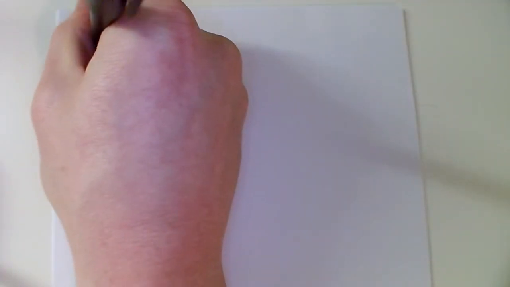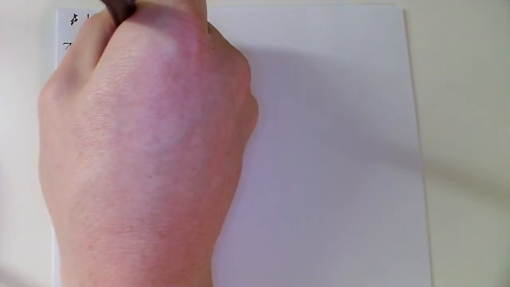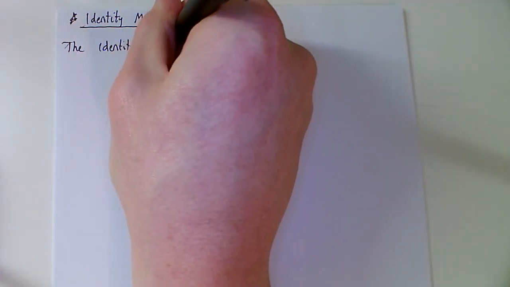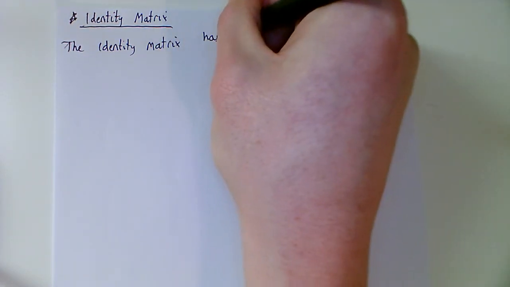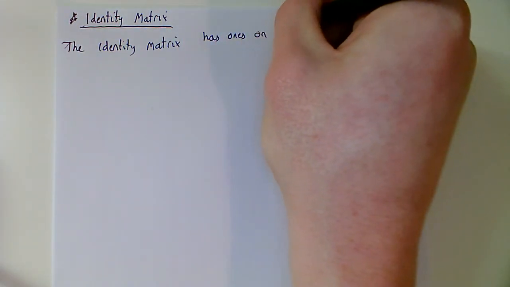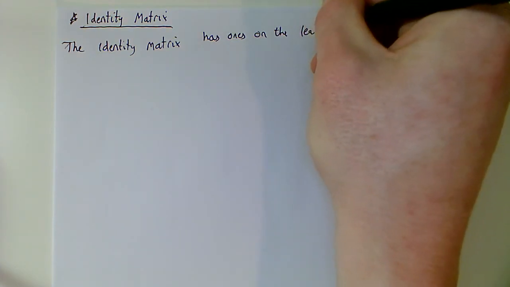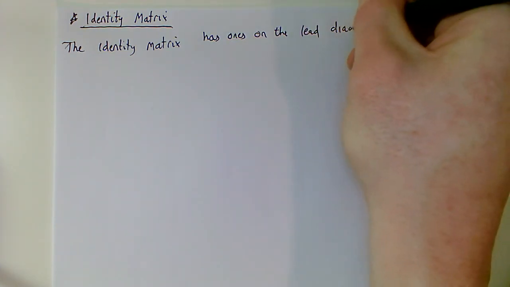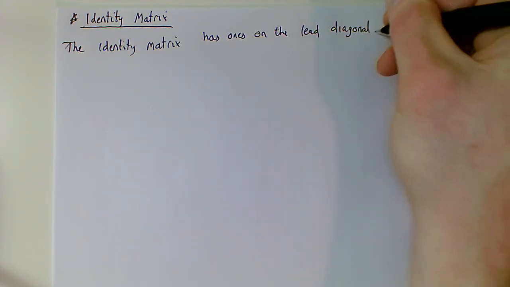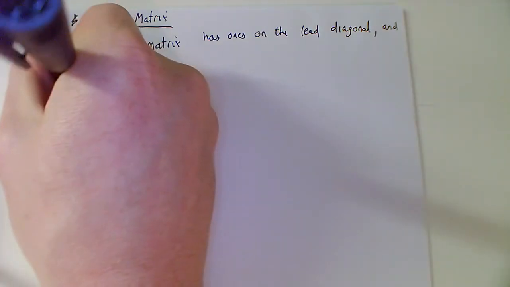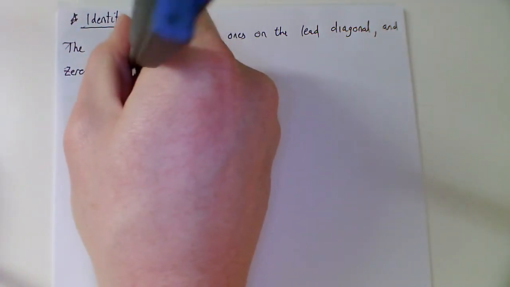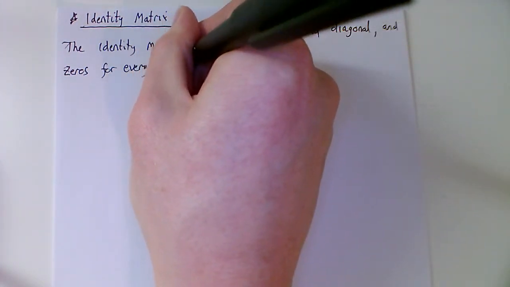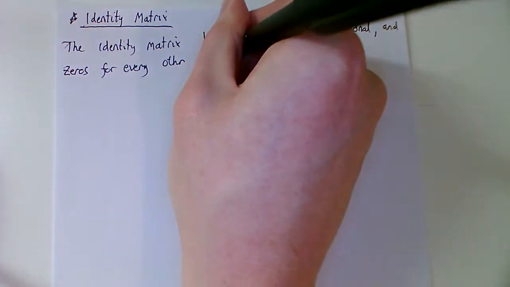So identity matrix has ones on the lead diagonal and zeros for every other element.